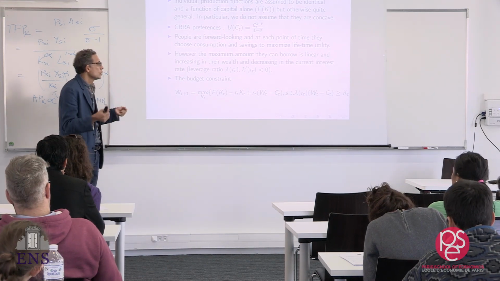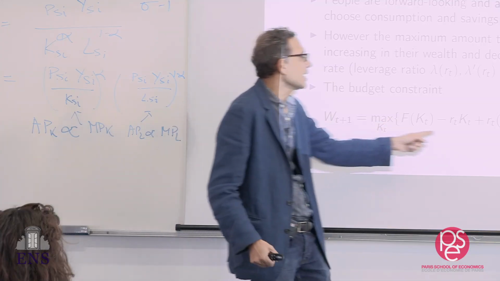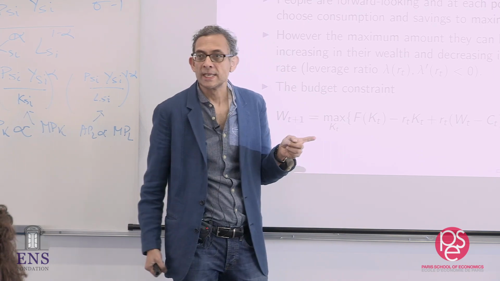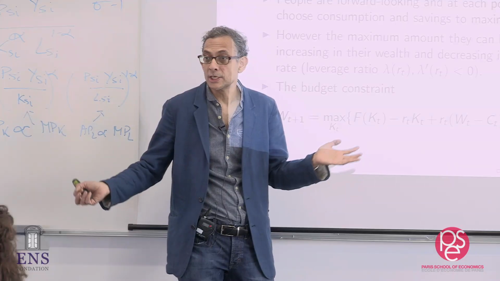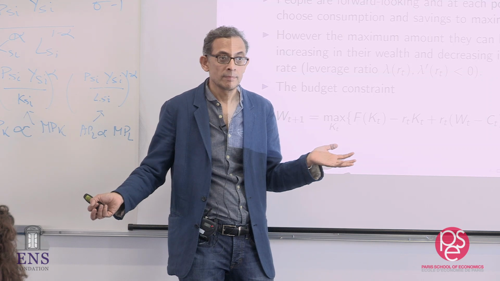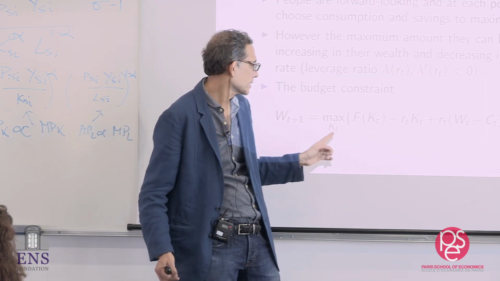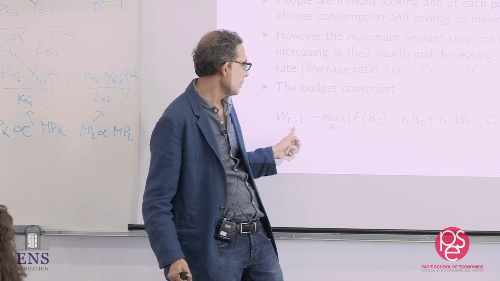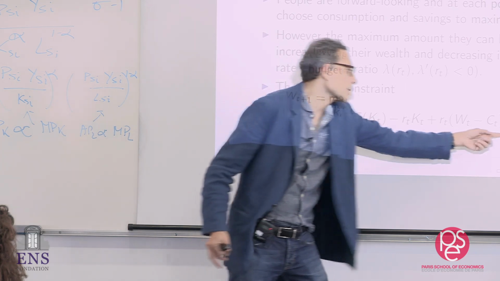You're going to choose your K to maximize this expression, because given that you have eaten C, all you want to do is maximize your income. Conditional on having eaten C, that gives you the highest next period wealth. So next period wealth is essentially this number, W T plus 1. What is it? It's a maximum of this expression.